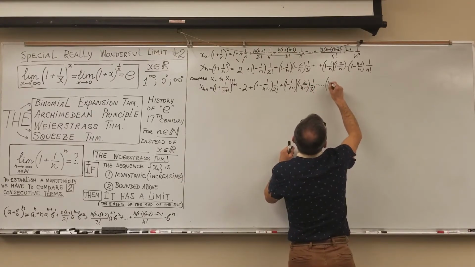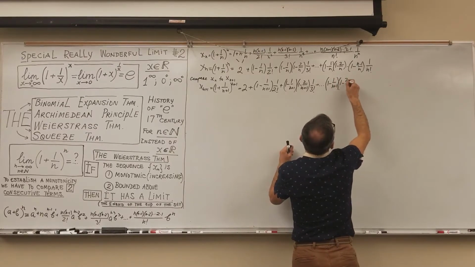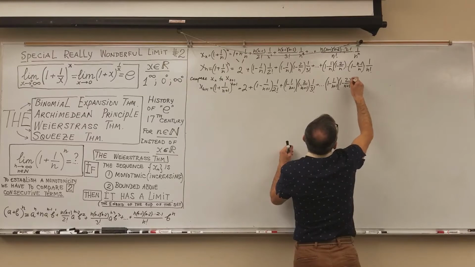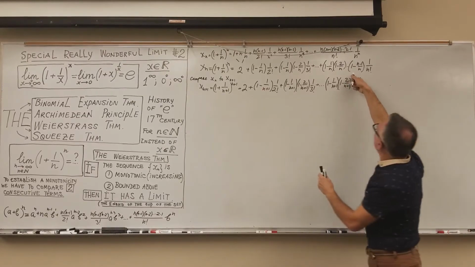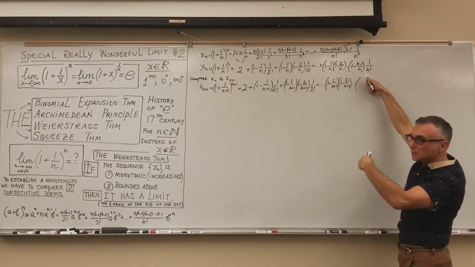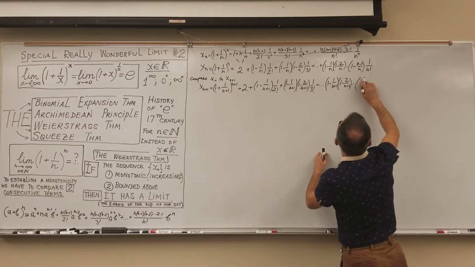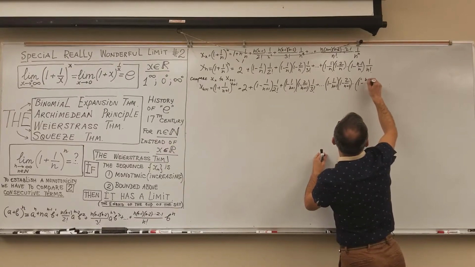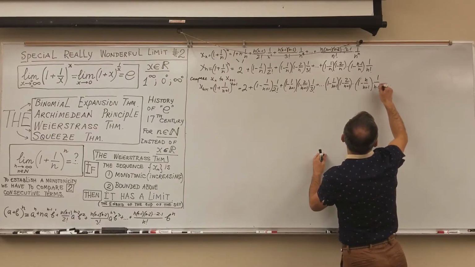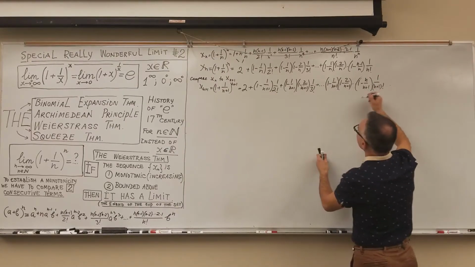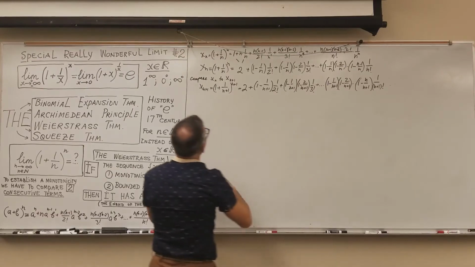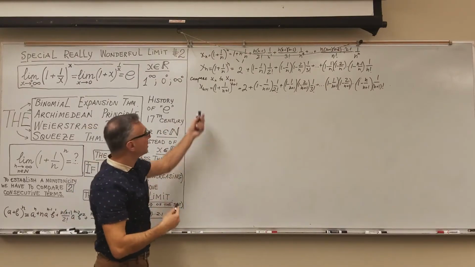The last one is (1 minus 1 over n plus 1)(1 minus 2 over n plus 1) and so on, up to 1 minus n over n plus 1, times 1 over n plus 1 factorial. Here's the second consecutive, next neighbor, next term.